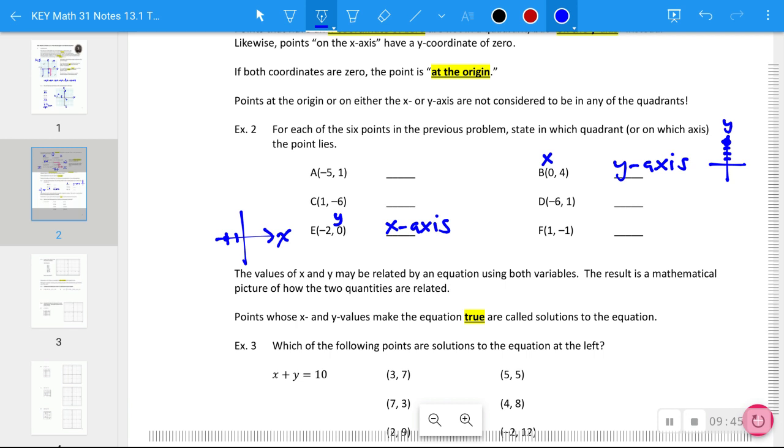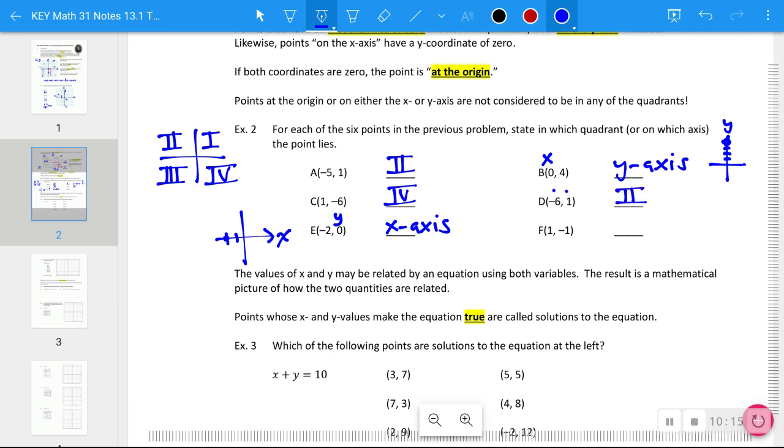And that's definitely on the y-axis. Okay, point A is to the left and up, which puts you in quadrant 2. Let me remind you of the other quadrants. It goes 1 in the top right, and then counterclockwise in order from there. Point C is to the right and down, which puts you in the fourth quadrant. And if you're starting at the origin going to the left and up, that puts you in quadrant 2.